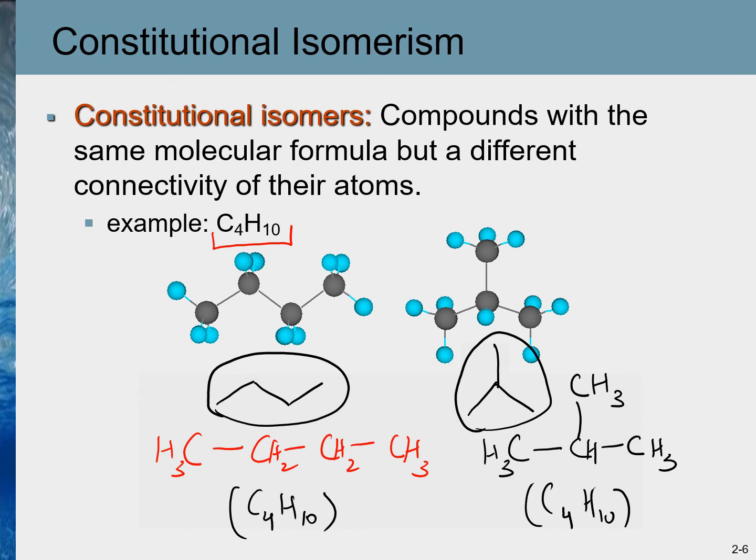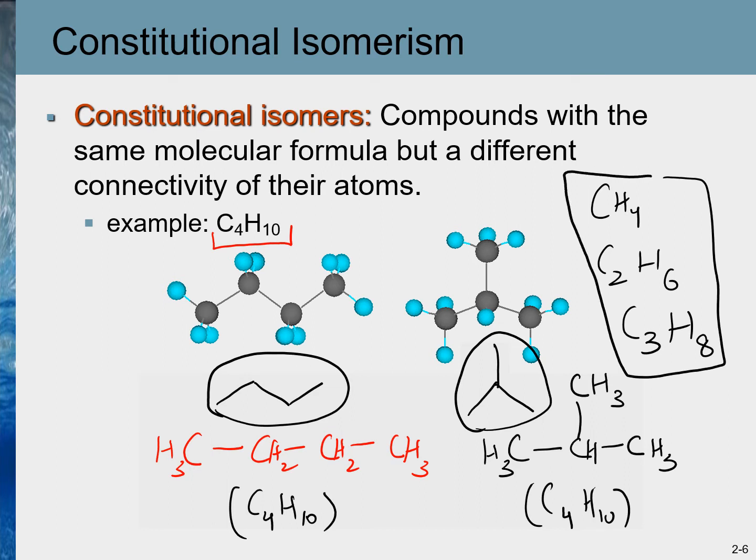Hydrocarbons with 3 or fewer carbon atoms do not possess any constitutional isomer. In other words, methane, ethane, and propane, the first 3 members of alkanes, do not have any constitutional isomer. So they can only be represented by one structural formula.